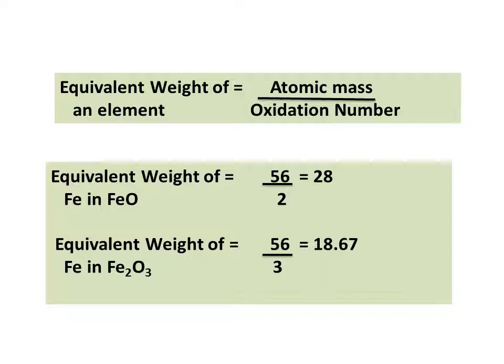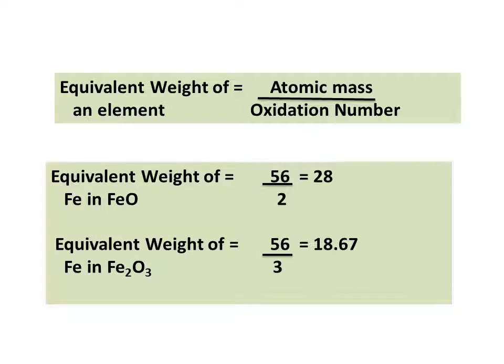In the case of FeO, its equivalent weight will be atomic mass divided by oxidation number. The atomic mass of iron is 56 and the oxidation number in FeO is +2. So 56 divided by 2 will give 28.